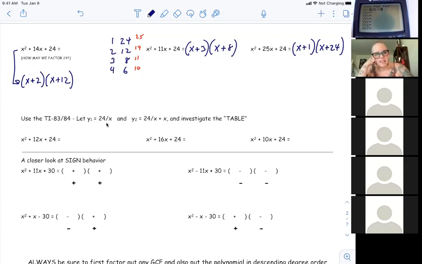Okay. Now, if I hit the shift key, the second key, and the window key, which brings up the blue ink table set, which has nothing to do with dinner. It's how the table, the chart will be set up. Table start is where you want to start with your x values. I'm going to start at 0.